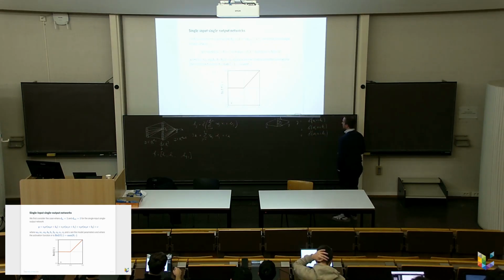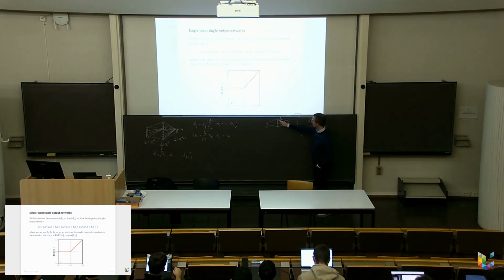Okay, so these three values correspond to these three elements, and then to produce the output, we have to iterate over the elements of this hidden vector, and we multiply them by some coefficient, in this case V0, V1, V2, and then we add some final offset, which I will call C.